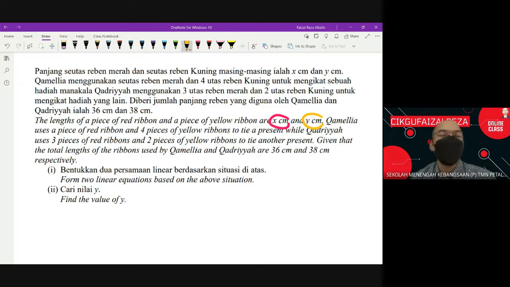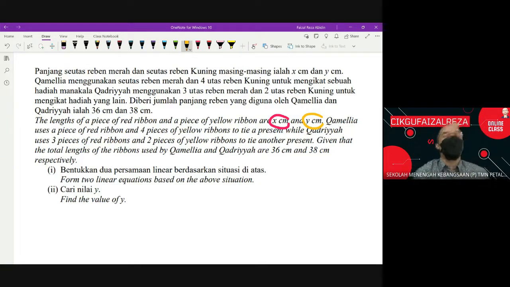What is a linear equation? An equation, good. A linear equation is an equation. It's going to have the equal sign, must have an equal sign.